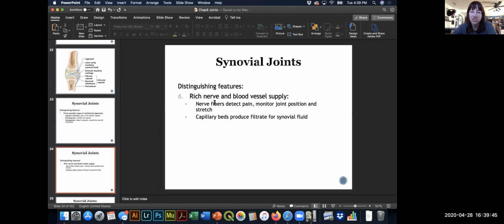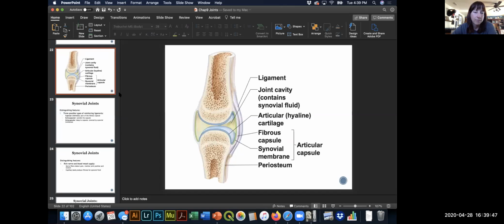The last thing was a rich nerve and blood supply. So joint capsule, synovial fluid, articular cartilage, joint cavity and joint capsule. Then you've got your reinforcing ligaments and a rich blood and nerve supply.